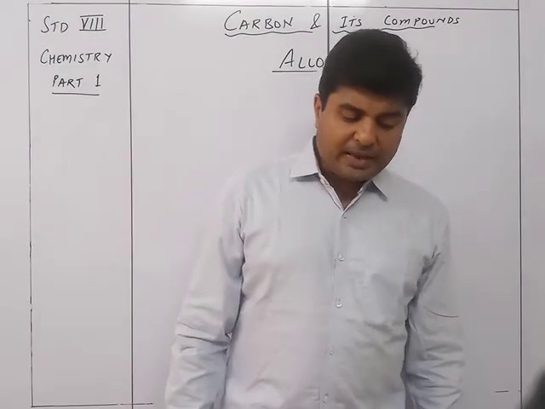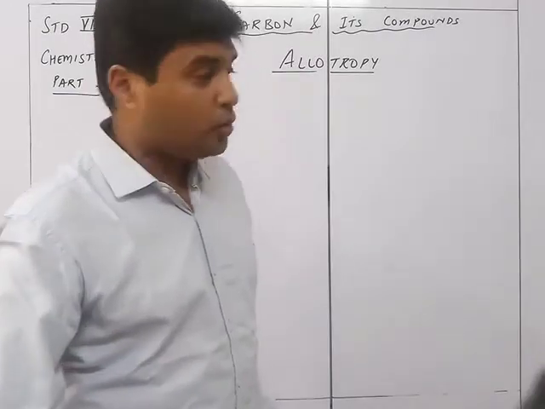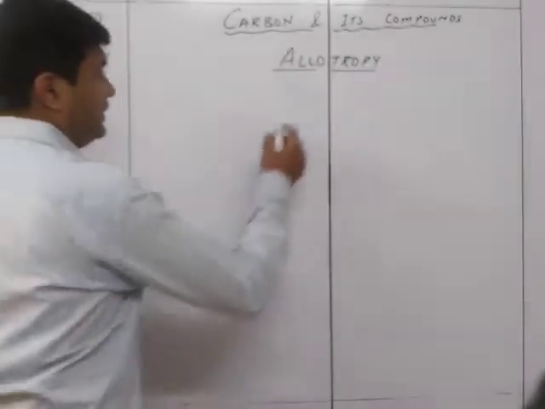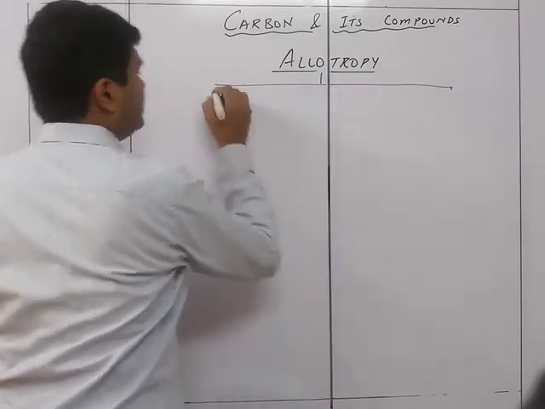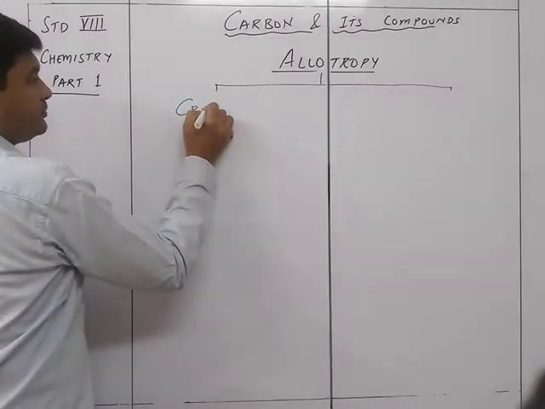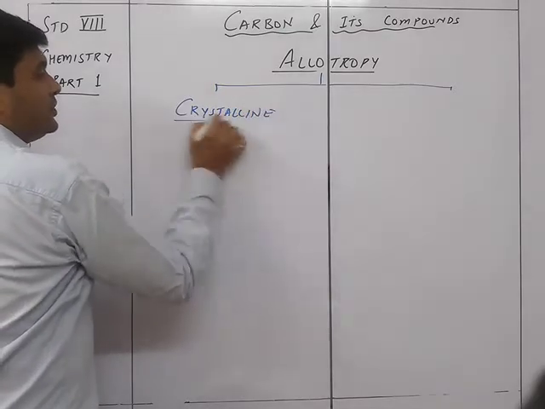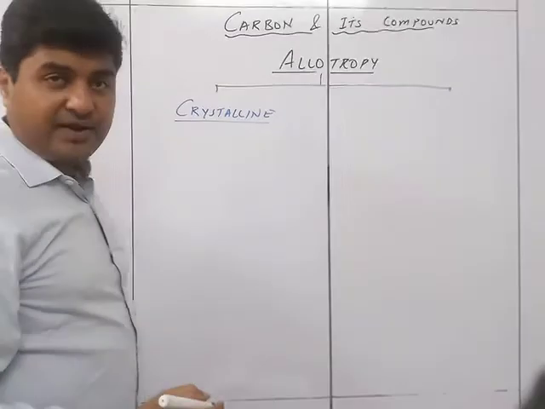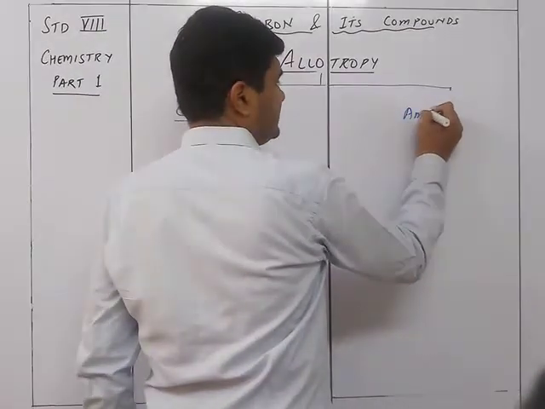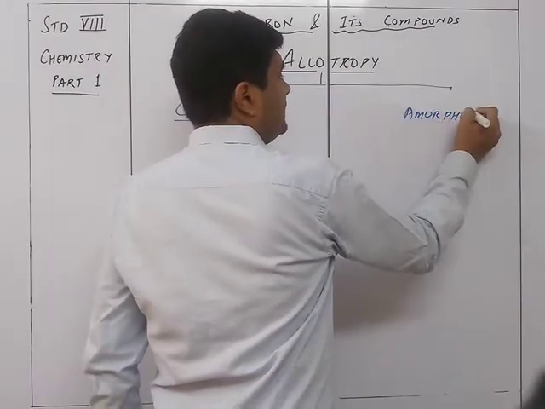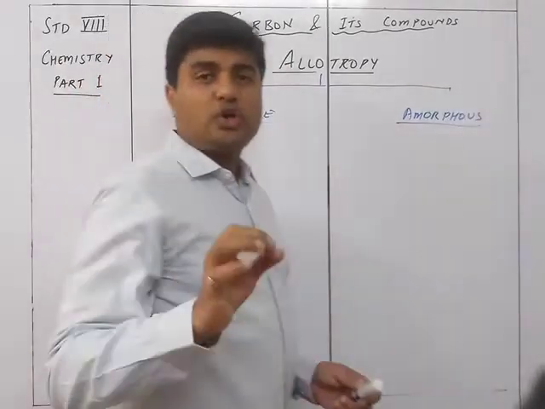So we see that the allotropes of carbon can be broadly divided into two types. What are the two types? The first one is the crystalline form, and the next one is amorphous. I discussed this earlier with you all: the crystalline form is the one which has a proper geometrical shape.